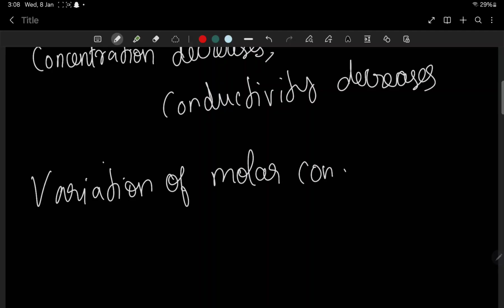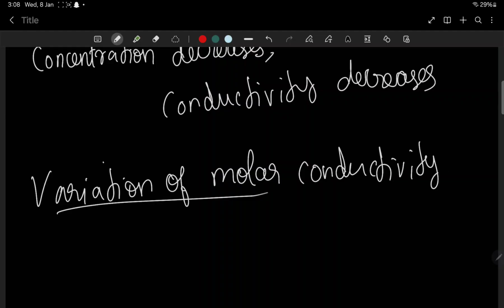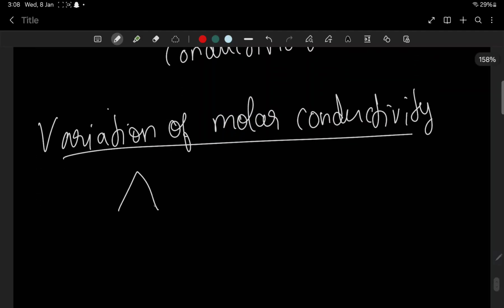Now the variation of molar conductivity. What happens? Molar conductivity of a solution at a given concentration is the conductance of the volume V of a solution containing 1 mole of an electrolyte. So molar conductivity is equal to kappa into volume.